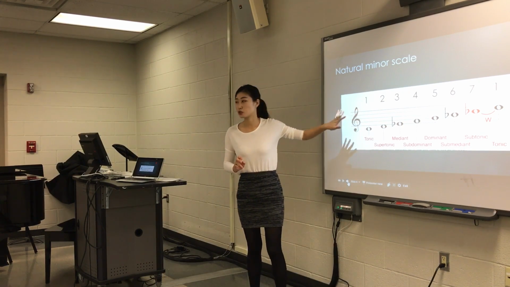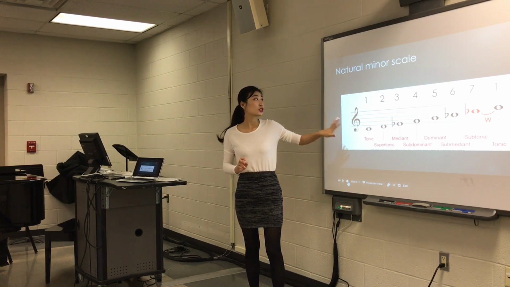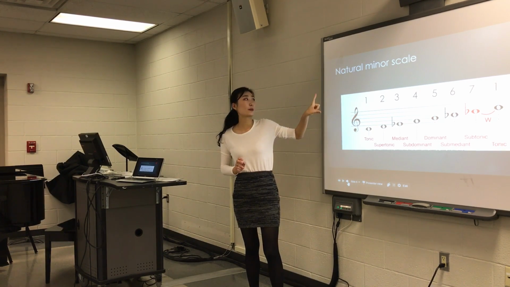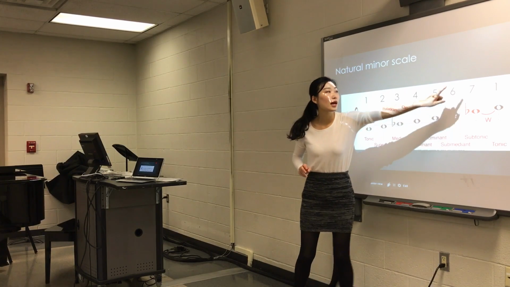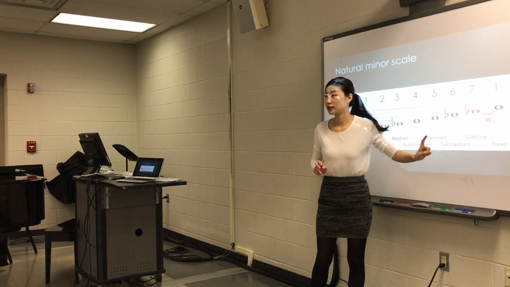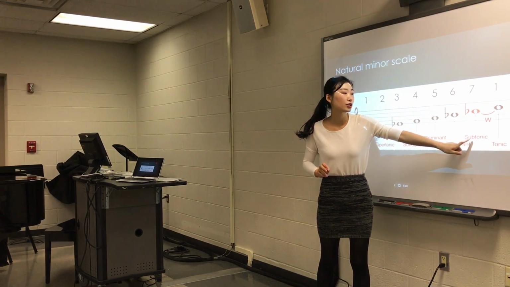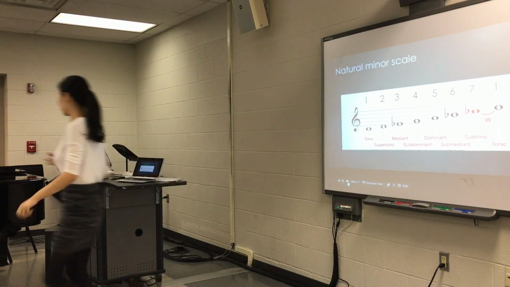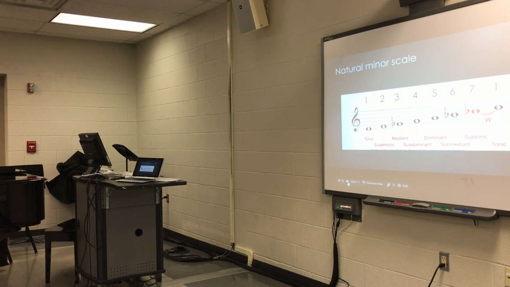The rest of the 6 notes have the same names. Just one thing is different in natural minor scales. The seventh is not a half step, it's a whole step. And now it's called subtonic. Why is it not the leading tone? Because, let's listen again. If we play the scale, it doesn't have the leading feeling that goes to the tonic.